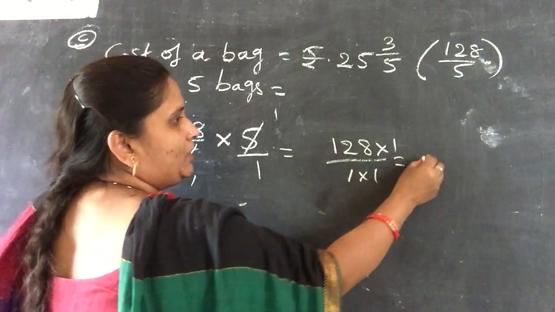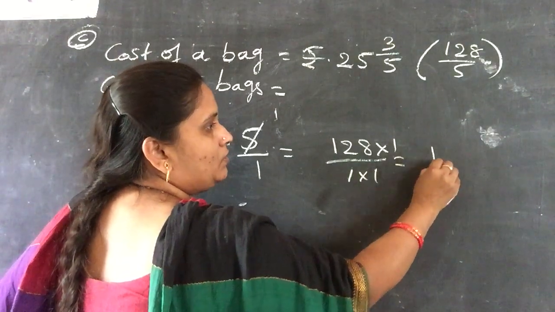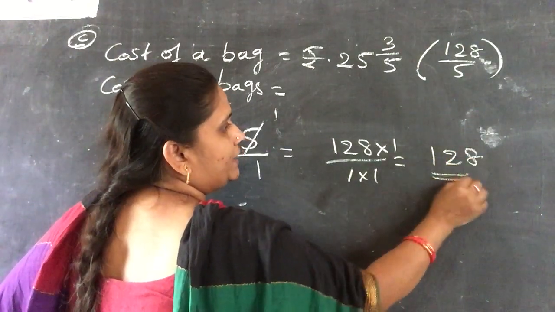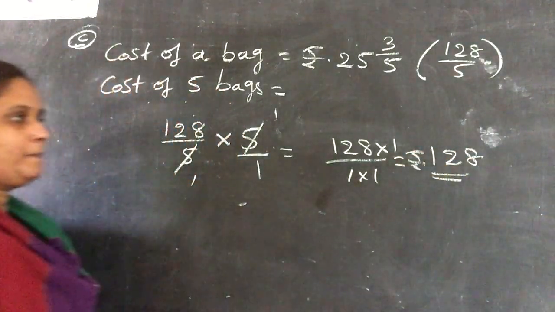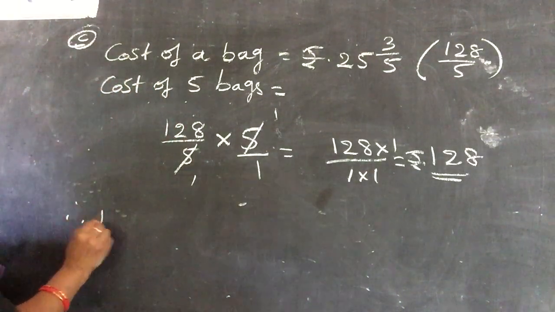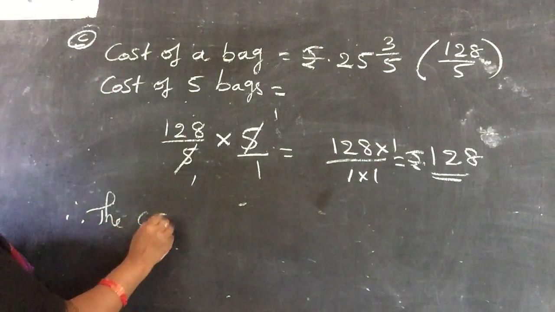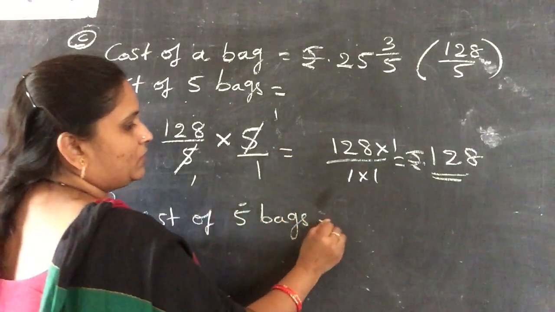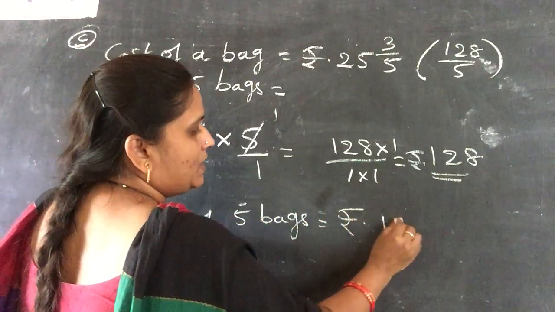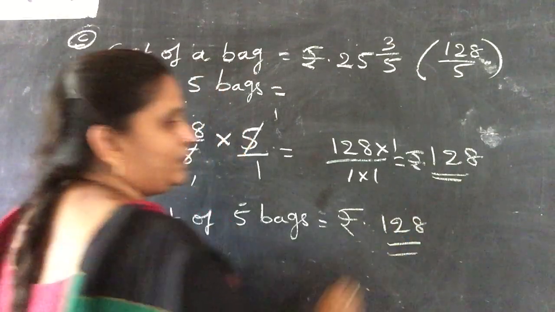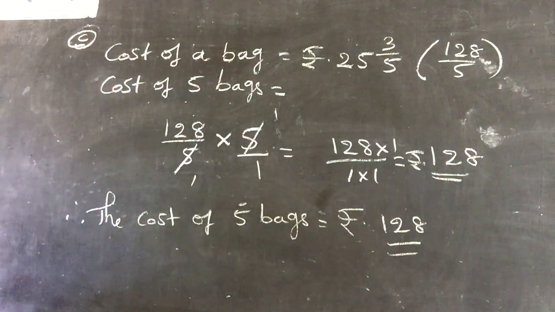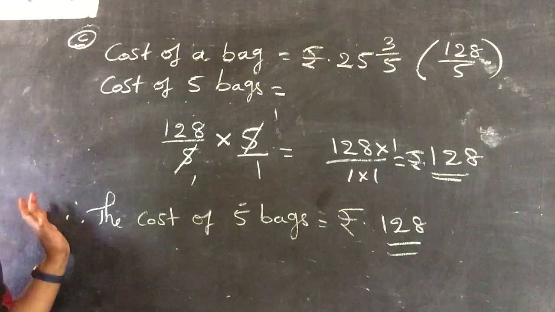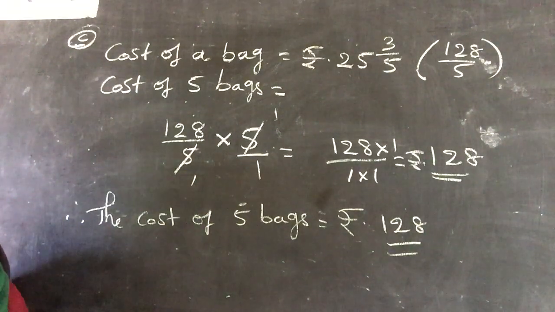So 128 into 1 is equal to 128. Therefore the cost of 5 bags is equal to rupees 128. Like this, you find multiplication sums.